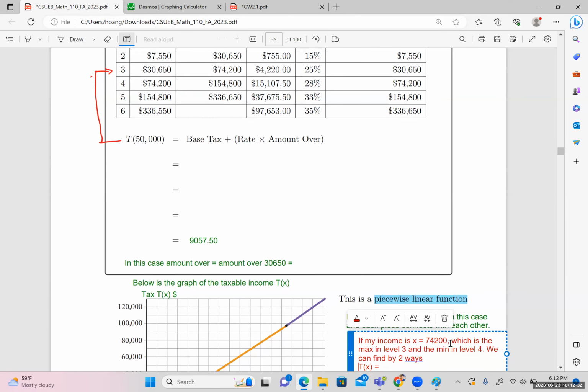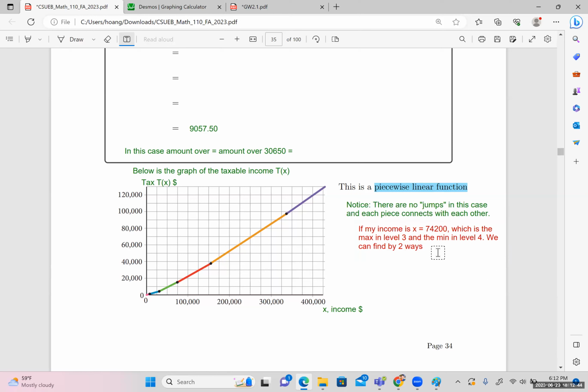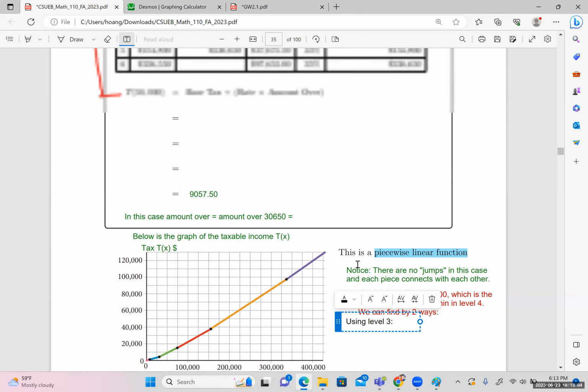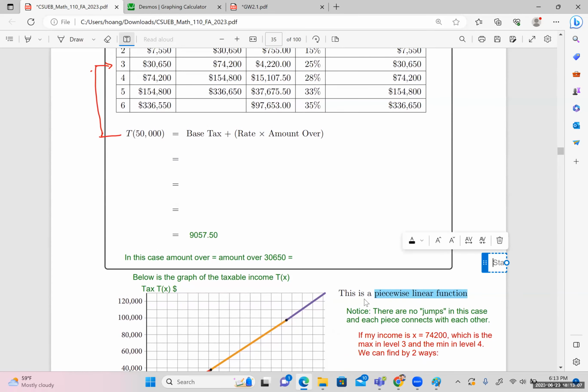Let's say using level 3. So we were using level 3.